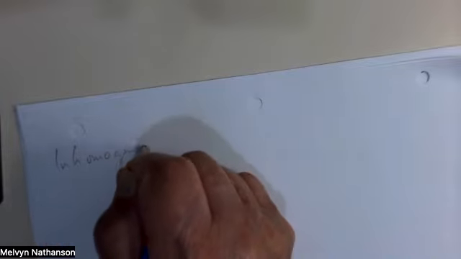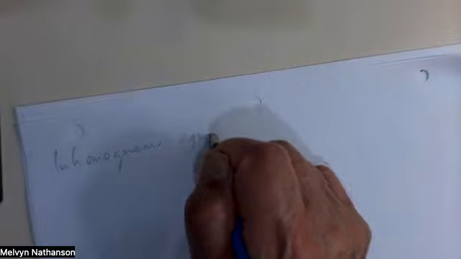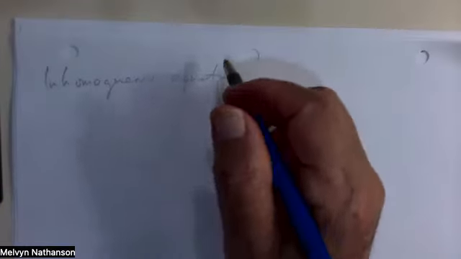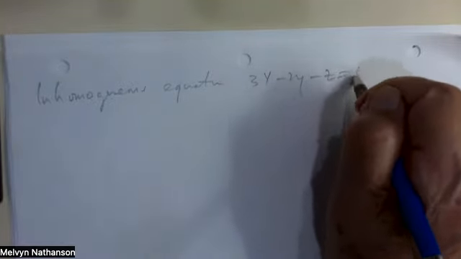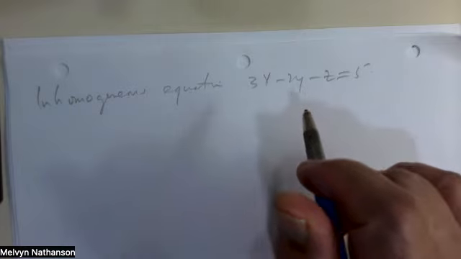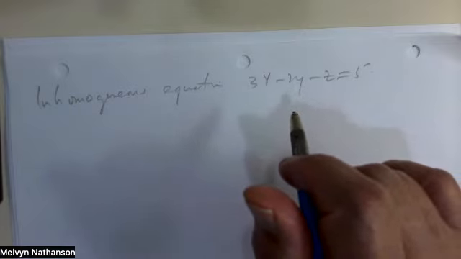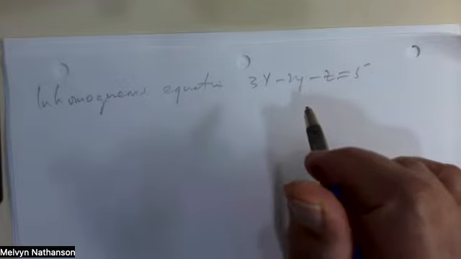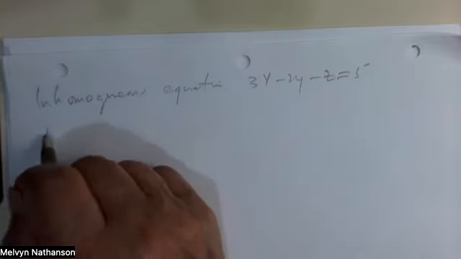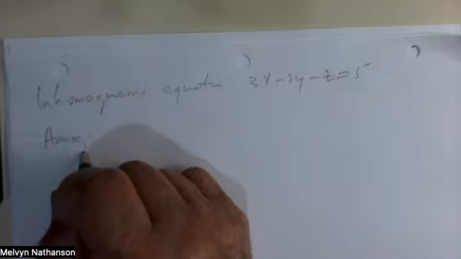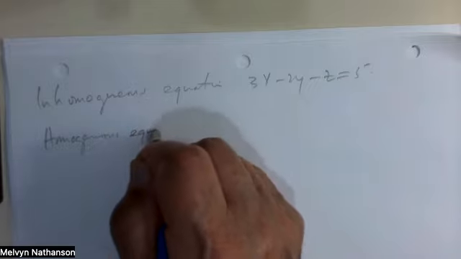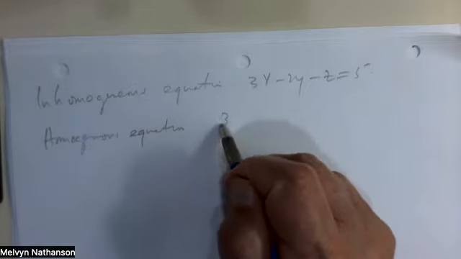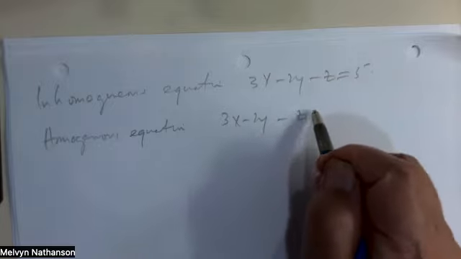Here's the inhomogeneous equation: 3x minus 2y minus z equals 5. Let's consider the homogeneous equation. That's setting the right-hand side equal to 0. The homogeneous equation associated with this is 3x minus 2y minus z equals 0.